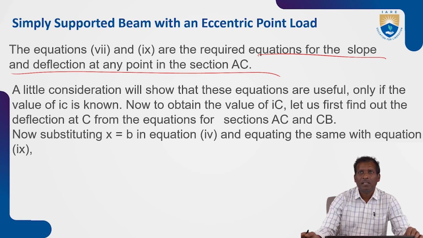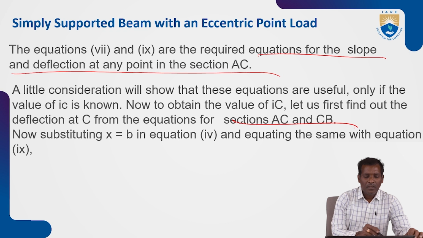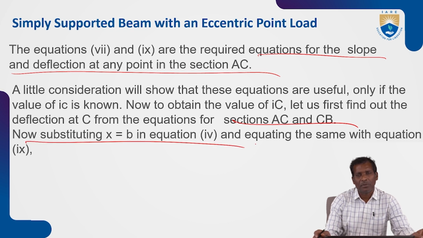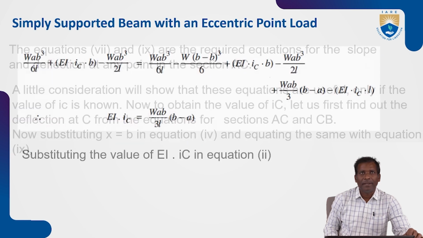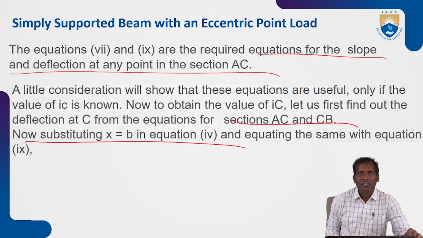slope at C, let us first find out the deflection at C from the equations for sections AC and CB. Now substituting x is equal to b in equation 4 and equating the same with equation 9. Clear?